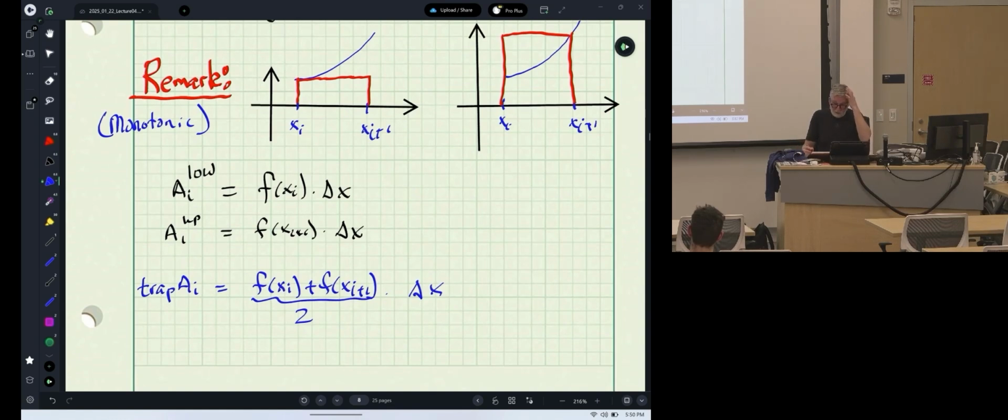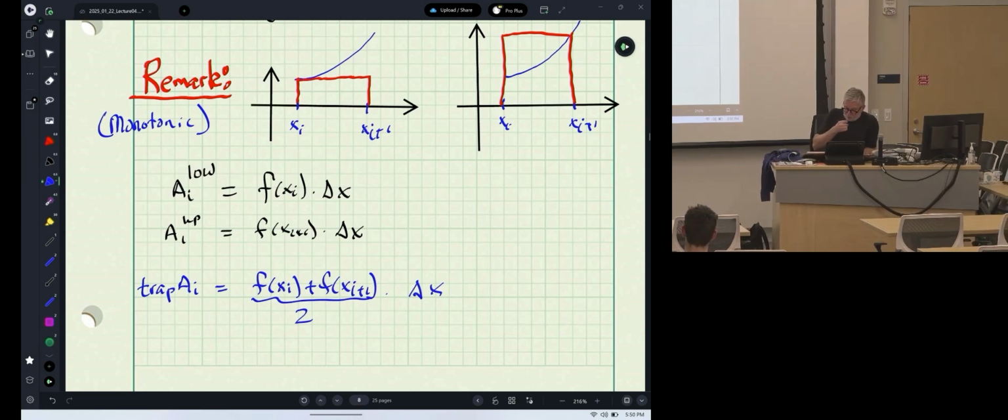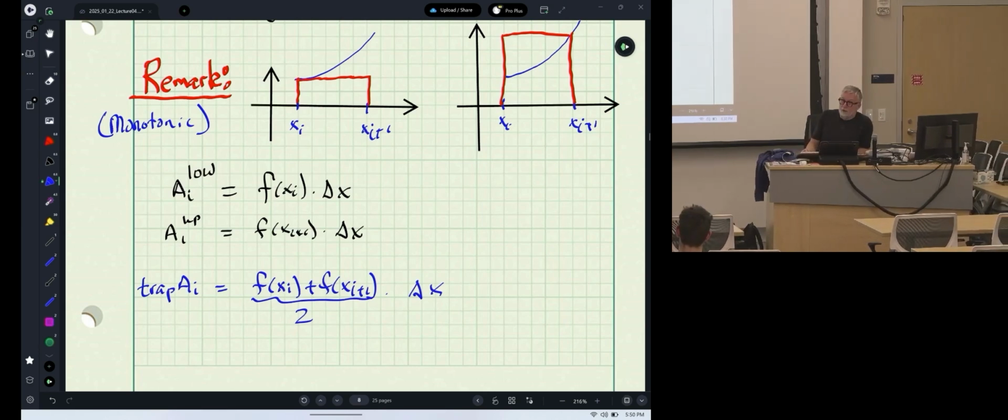Okay, so what's the relationship between the Riemann lower and upper sums and the trapezoidal method when you're doing it for monotonic functions? Average, yeah. So trapezoidal.